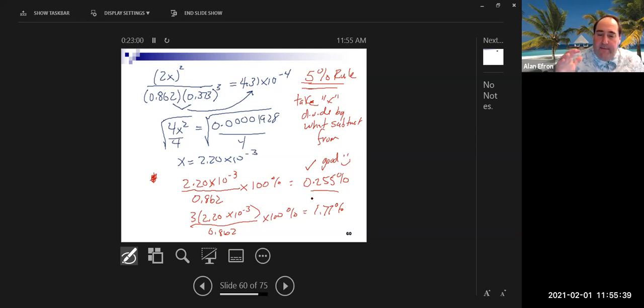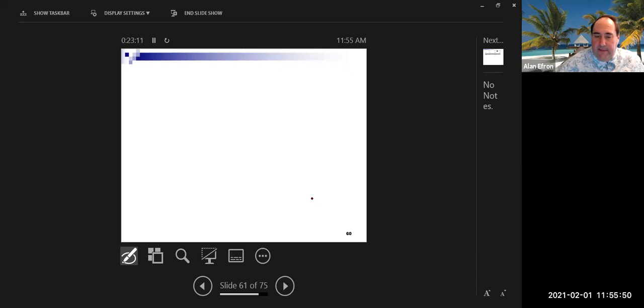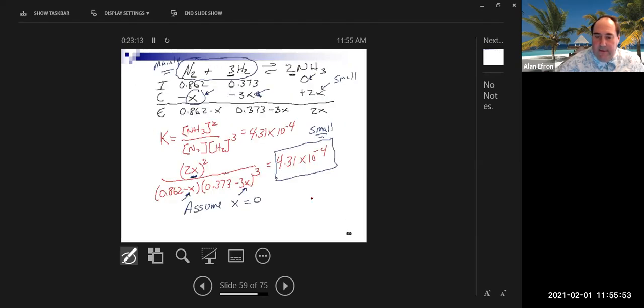Okay. So now that we made our assumption, we checked it, it's all good. We now have our x value that we can put back into our equilibrium line. So putting back into our equilibrium line here, we have that the pressure of N2 would equal 0.862 minus 2.2 times 10 to the minus 3. That's going to get us 0.860.